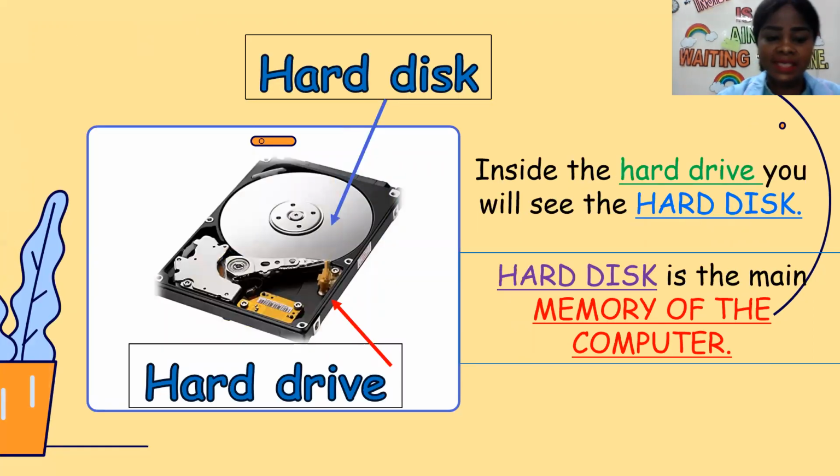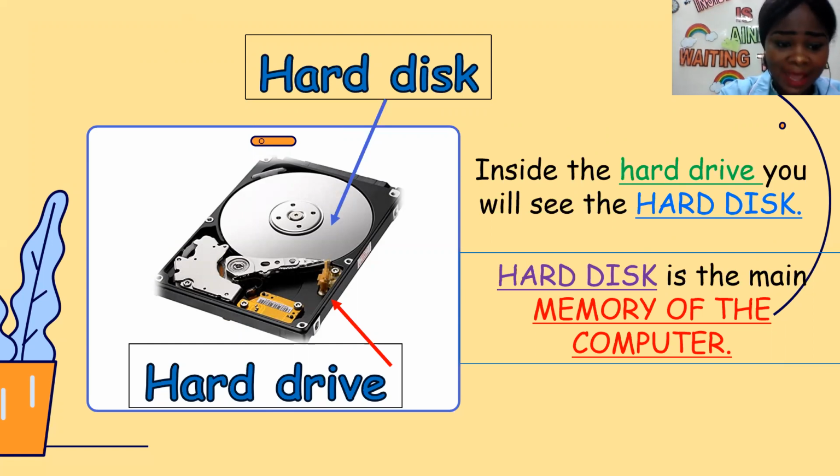Now the hard disk. Inside the hard drive, okay, you see the hard disk. This is inside, you see the arrow, the blue arrow pointing inside, okay? You see, that is the hard disk, while the red arrow is pointing at that something, the golden one inside the black one.